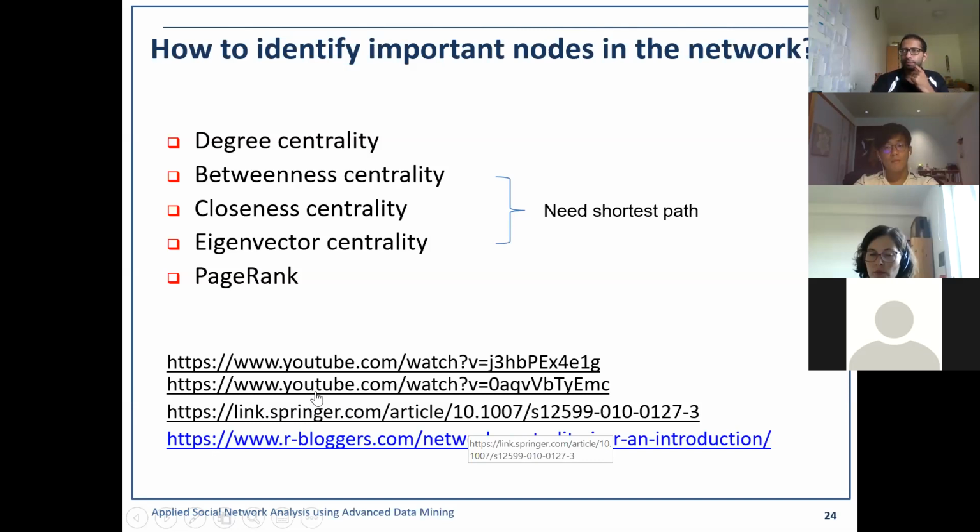That's an article where you can find more information on the importance, a critical review of measures, but also a web page where you have an introduction and R code to calculate the network centrality.